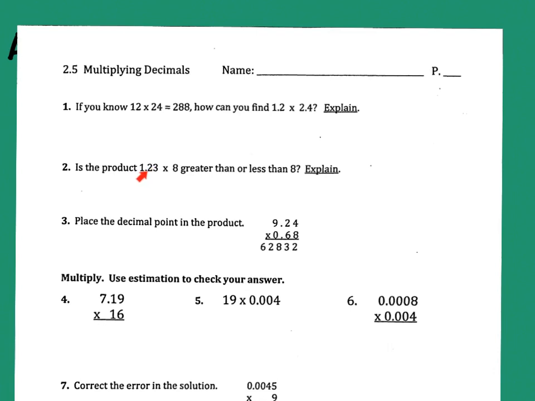Well, this decimal, this 23 right here, what does it really mean? It's actually a fraction. It means 23 hundredths. So if I 8 times the 1 and I 8 times the 23 hundredths, is it going to be greater or less than 8? I gave you a big hint there, so give that one a try.